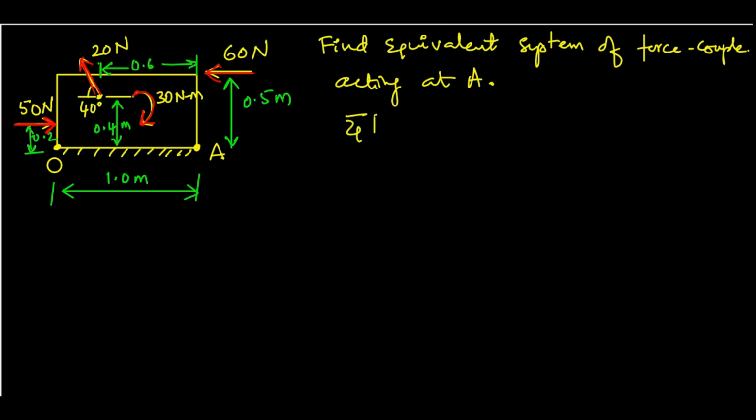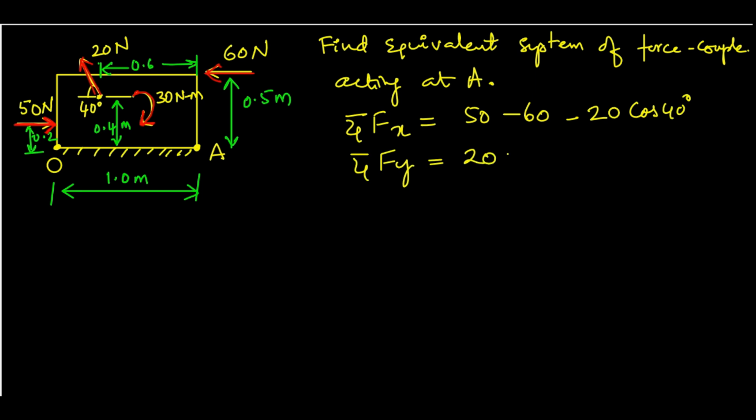Now first let us look at what is sigma Fx here. It is 50 minus 60 minus 20 cos 40 degrees. Sigma Fy is 20 sin 40 degrees. And moments about A is minus 30 minus 50 times 0.2.